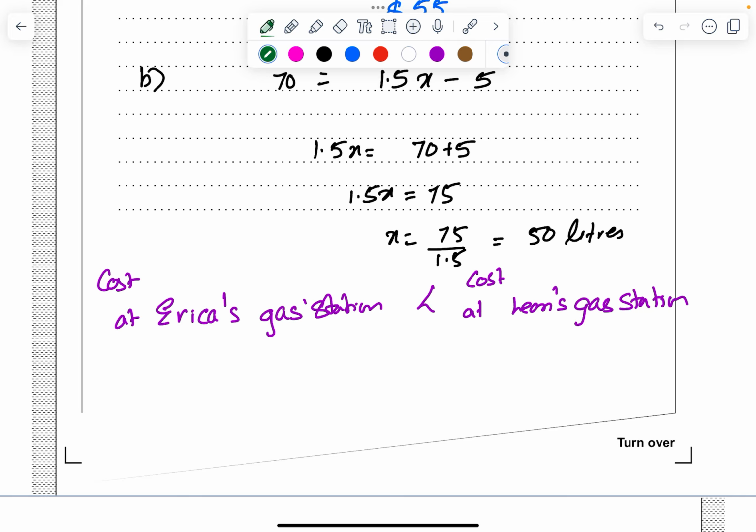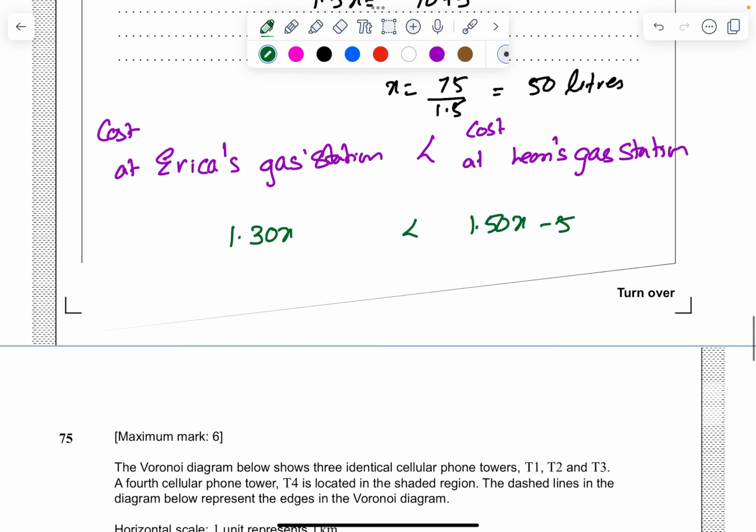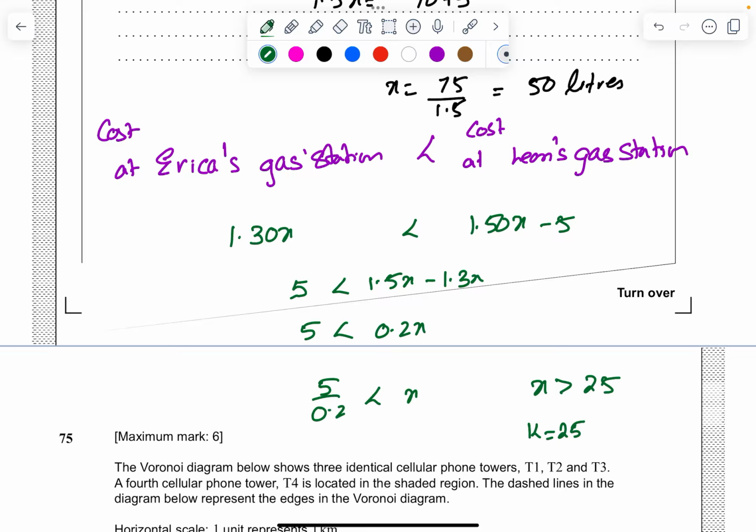For Erica, it's going to be 1.30x. Leon's was 1.50x minus 5. You can use either the graphing calculator, or I can do it like this: 5 is less than 1.5x minus 1.3x. 5 is less than 0.2x. So 5 divided by 0.2 is less than x. So x is greater than 25. So the k value is going to be 25. So a minimum of 25 liters has to be bought.